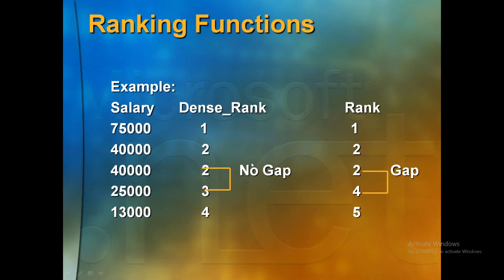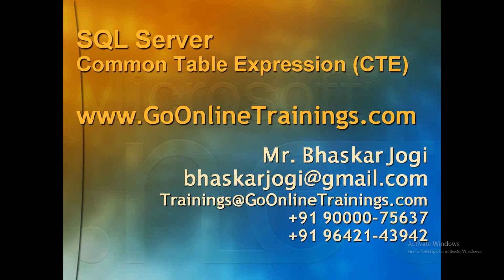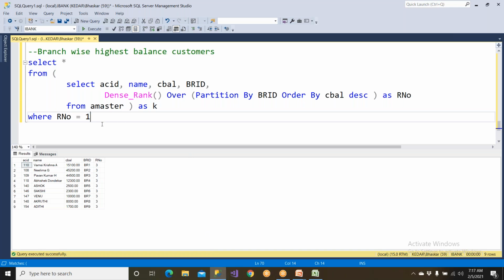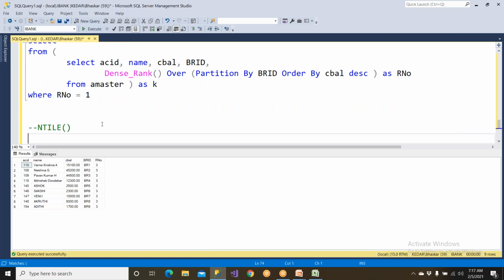Now, the last one we have is the ntile function, right? With the ntile function, I wanted to split. So what is ntile? I wanted to split the complete data into two groups.